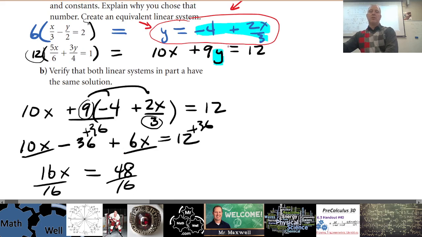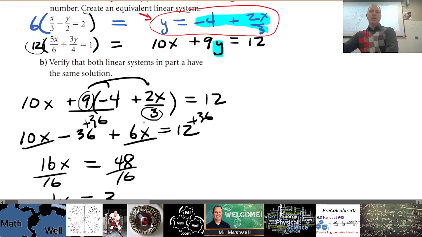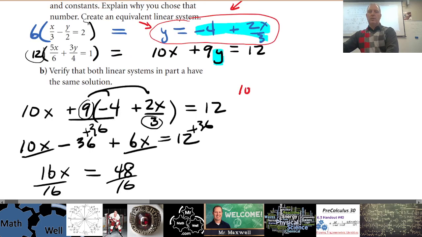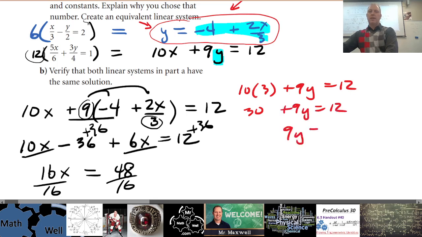But this one here, I'm going to put x equals 3 into the second equation. So 10 times 3 plus 9y equals 12. That's 30 plus 9y equals 12. That's 9y equals, what's 12 minus 30 is negative 18. So y is negative 2.